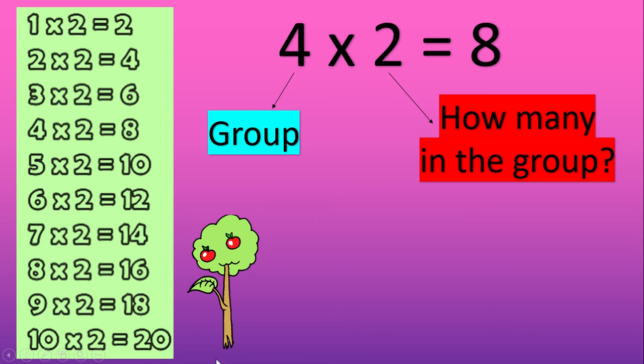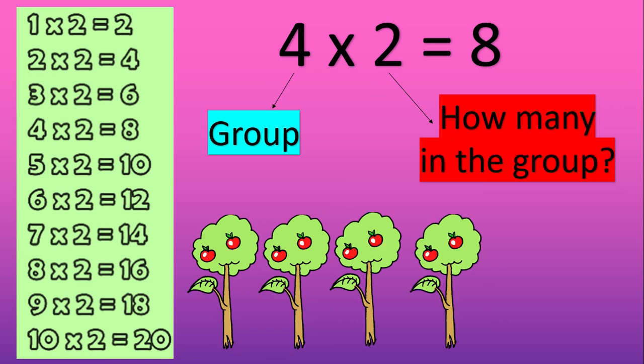So here we have one apple tree with 2 apples, so we can count in twos. 2, 4, 6, 8. Meaning the answer is 8. We have 8 apples. 4 groups of 2 is equal to 8.